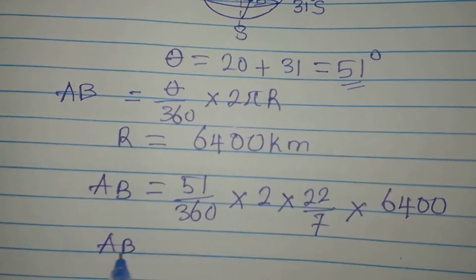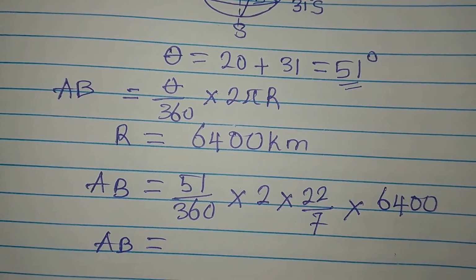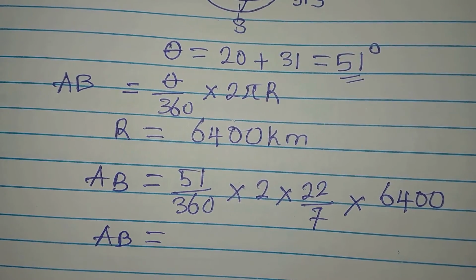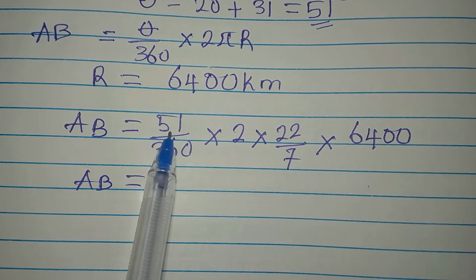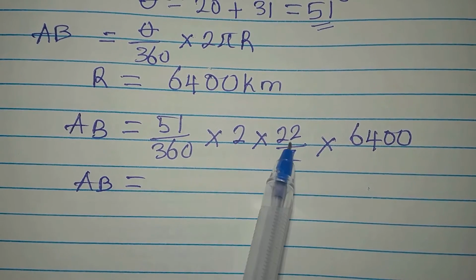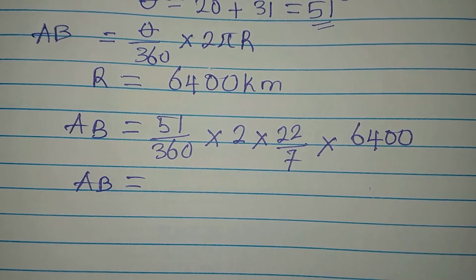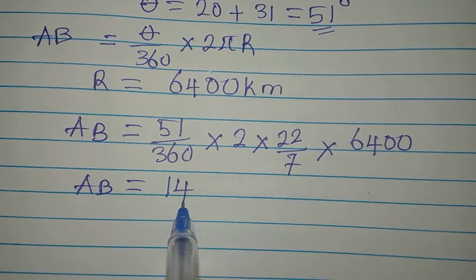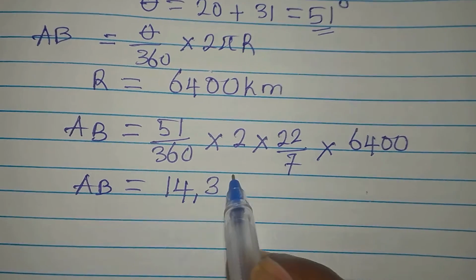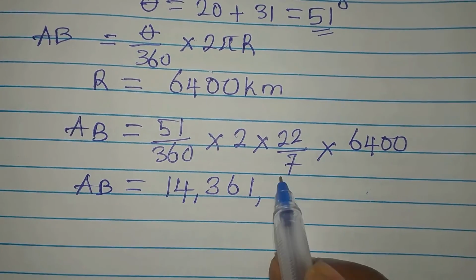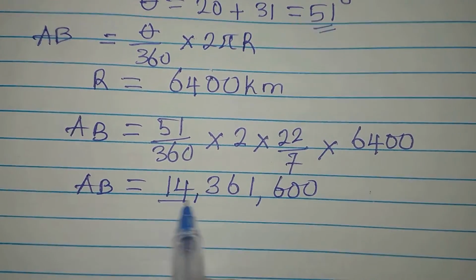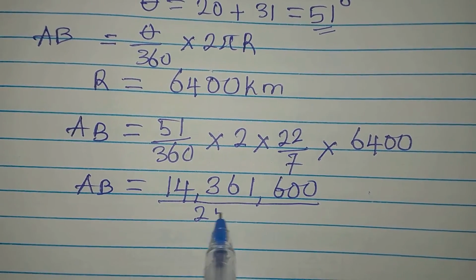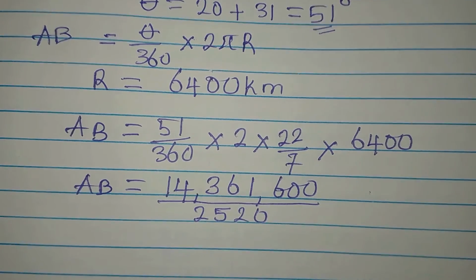So from here, what is our AB? Meaning the distance between A and B. I'm going to multiply the numerator first. Okay, so I'm going to multiply 51 times 2 times 22 times 6,400. Okay, so this is giving us 14,361,600, then divided by 360 times 7, that will be 2,520.